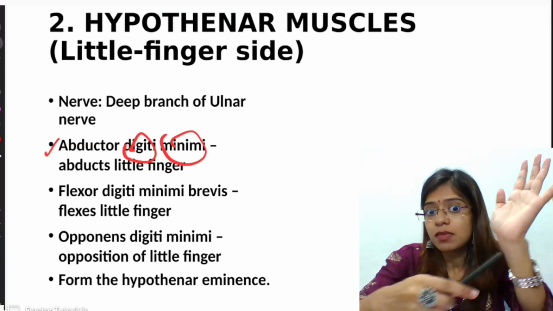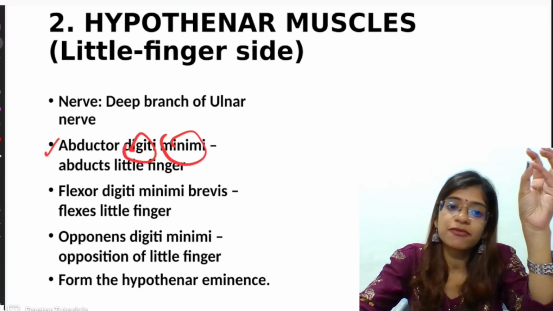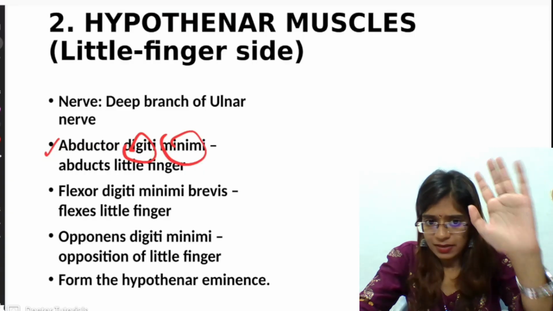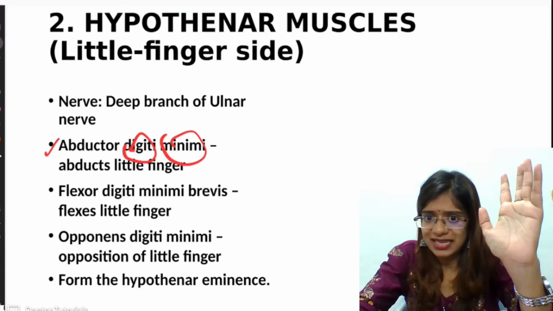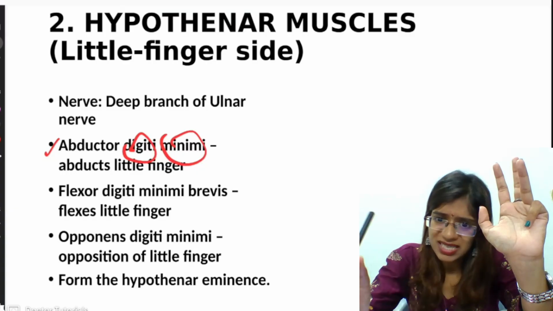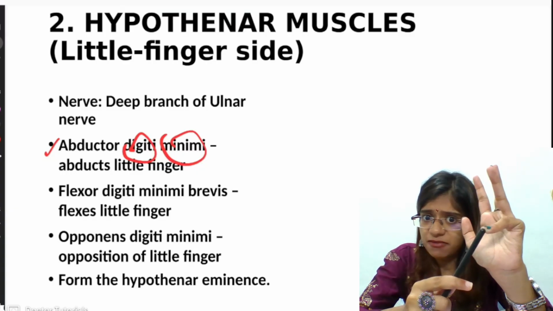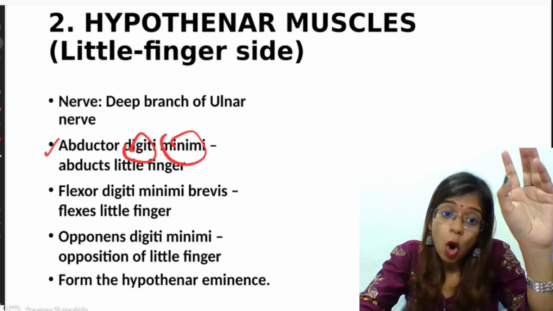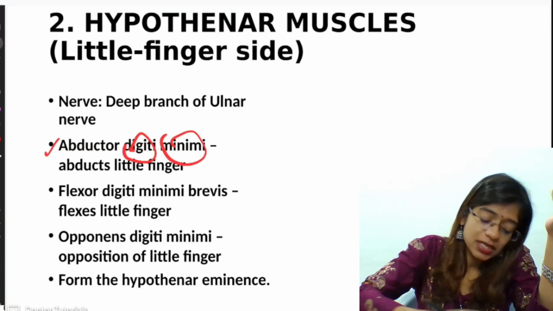Next, one other muscle in the hypothenar group is the flexor digiti minimi brevis. What is the function? Flexor means it helps in flexion of the little finger. Digiti means the finger. Minimi means it is related to the little finger. Brevis means it is a short muscle. Now, opponens digiti minimi.